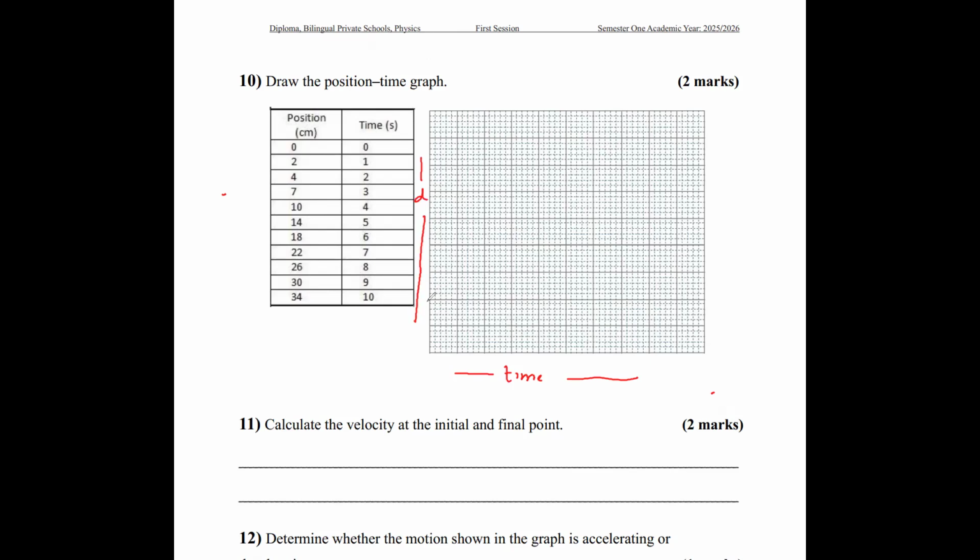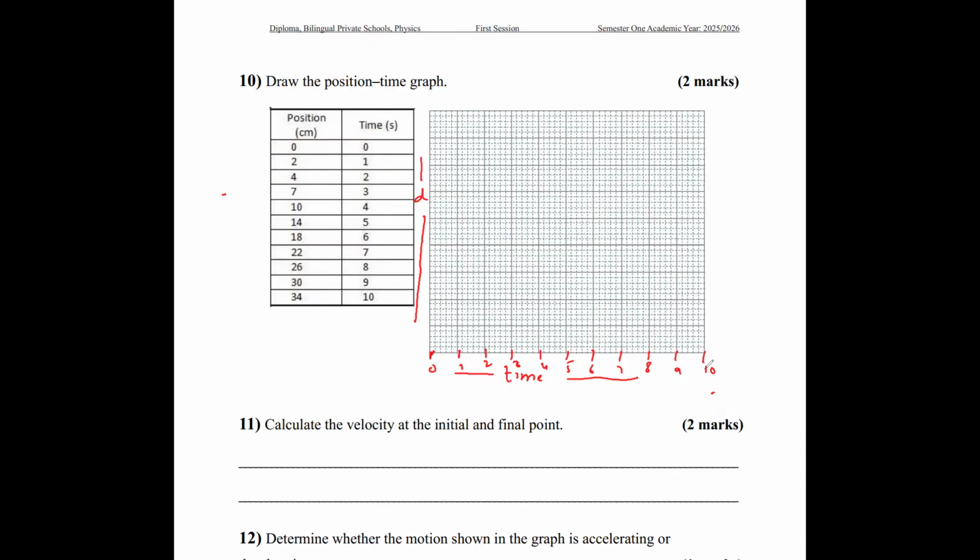The first important thing, we have to draw the points. First of all, we have to draw the points of time. This is my time 0. This is 1, 2, 3, 4, 5, 6, 7, 8, 9, and 10.